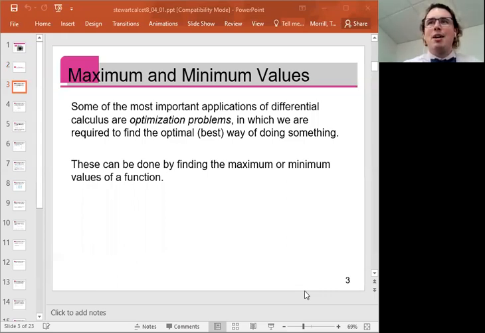Maybe I want the most amount of power out of an engine. Maybe I want the least amount of friction out of some chemical. Well, these are asking for maximum and minimum values of functions. So we might call these optimization problems. What is the best possible value we could get from a function?